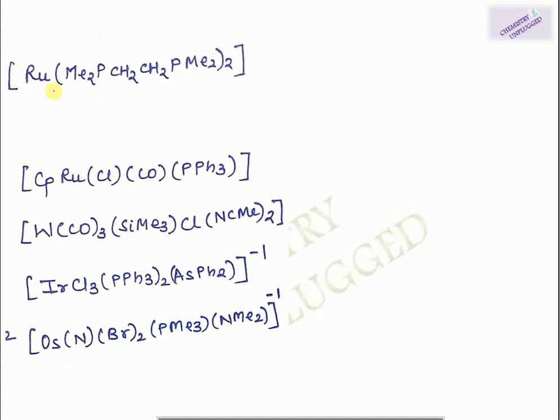Now we will take this ruthenium complex. This ligand is dimethyl phosphino ethane. So it has a structure like this. In this ligand we have 2 phosphorus atoms, so each will provide 2 electrons.